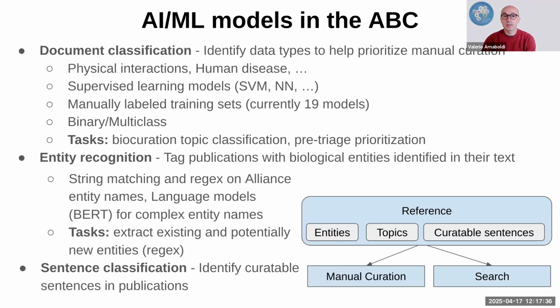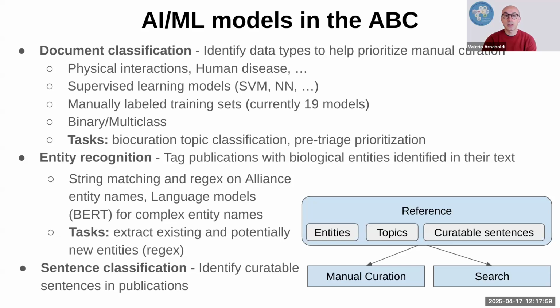All the information that we extract from the publications is attached to the references and shown to the curators in the ABC. But we're also using all the information to index publications. And these are included in our search engine for literature.